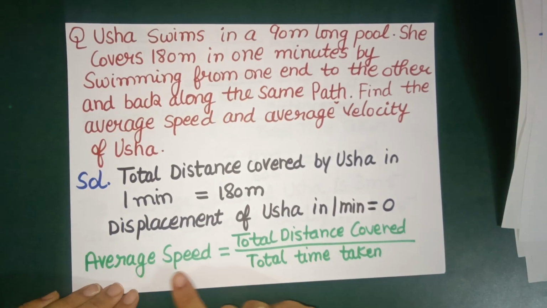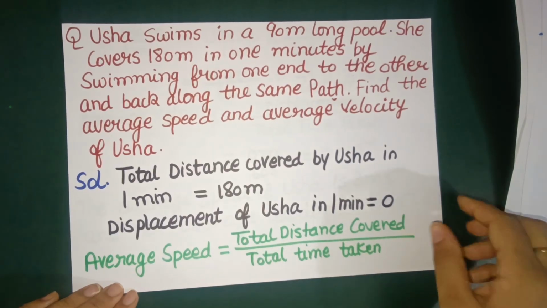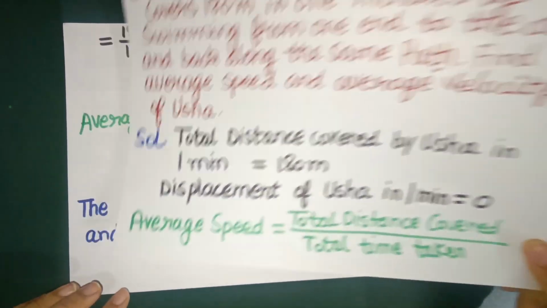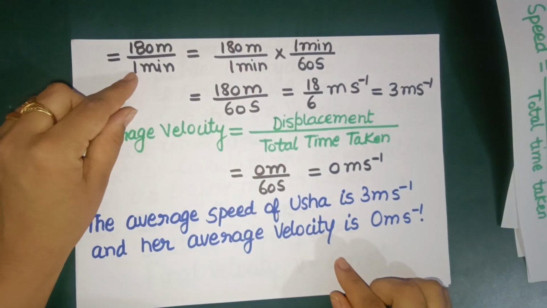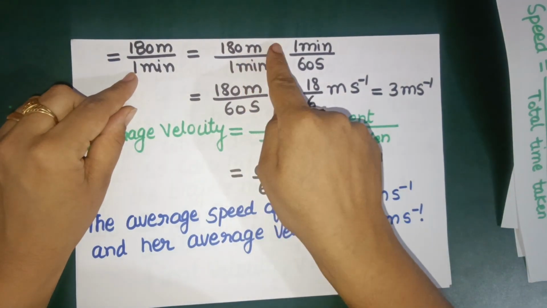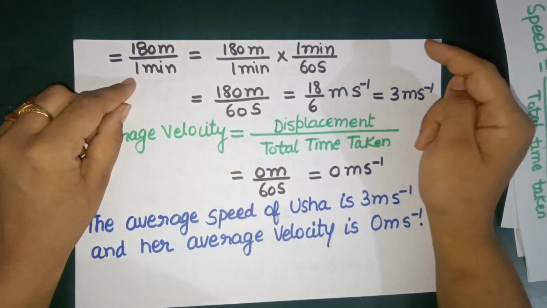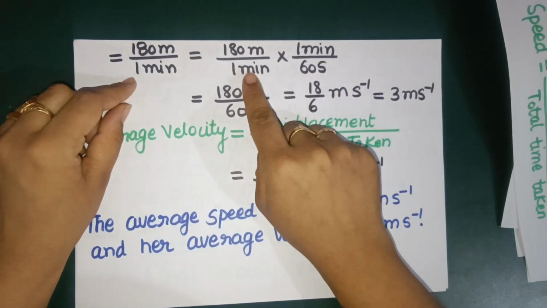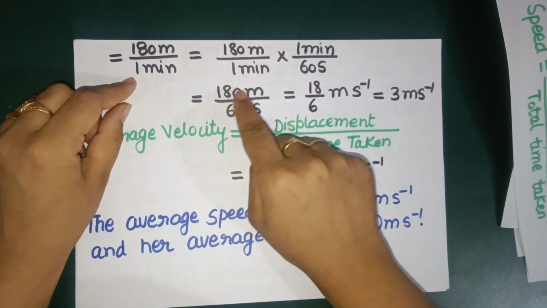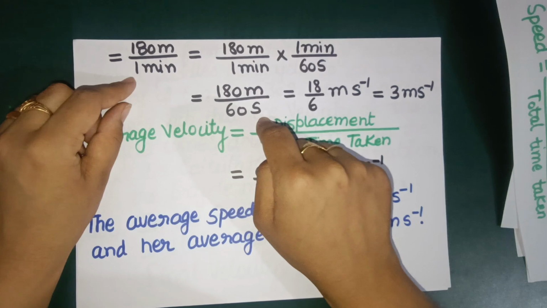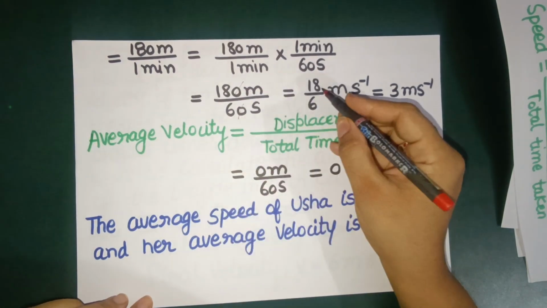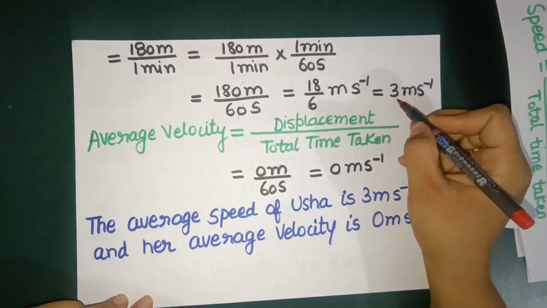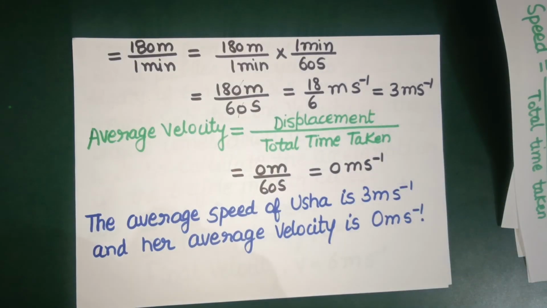Okay, so the average speed is total distance covered by total time taken. Now we have 180 meter over 1 minute, and let's change the minute into seconds. So we have 180 meters over 60 seconds. 0 cancel here and 18 by 6 which gives us 3 meter per second.